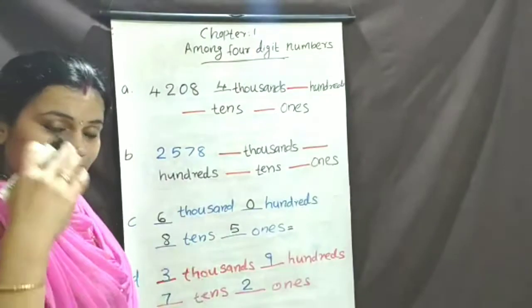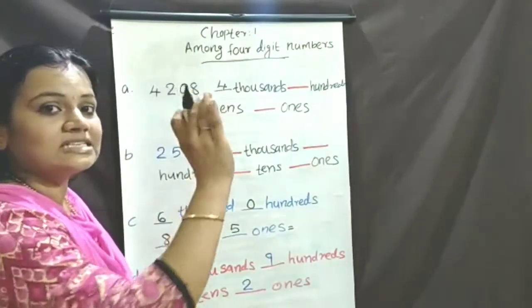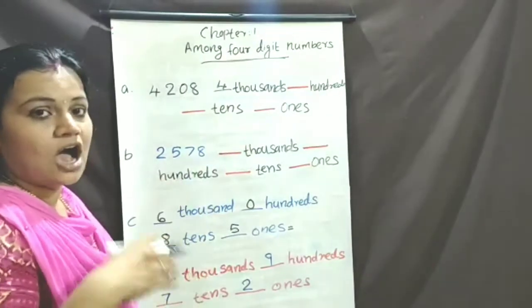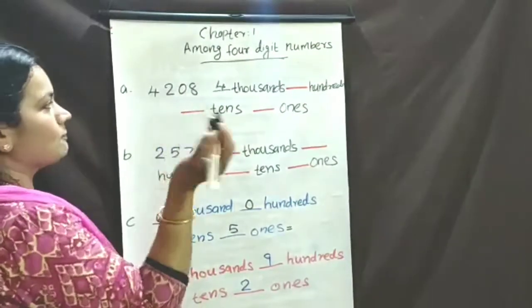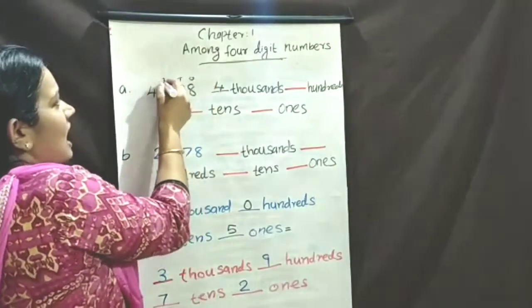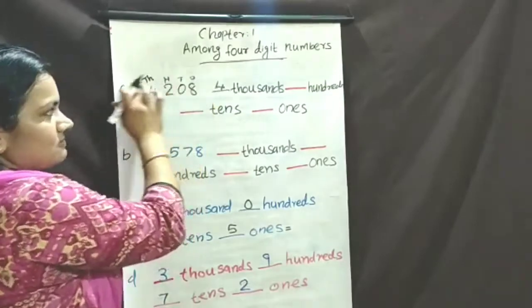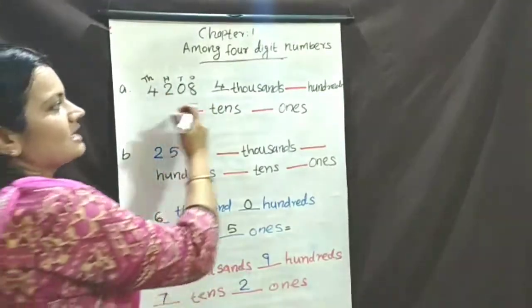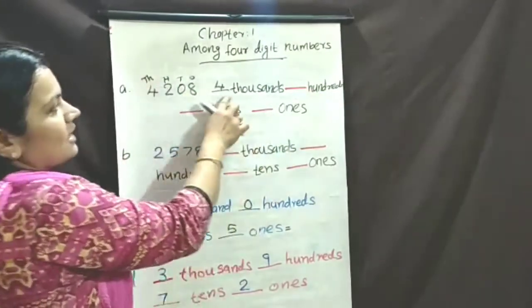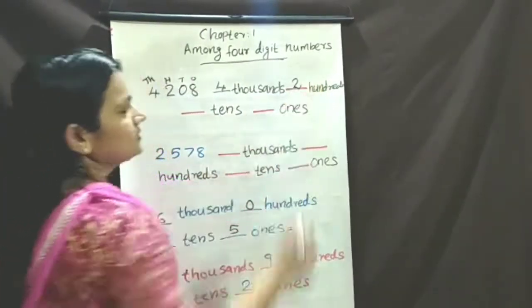Open your notebook and write some numbers. First write the places of the given numbers. How to write? Simply take your pencil and write ones, tens, hundreds, thousands. First note these places, then we can write easily. 4000, write 4 here. 200, write 2 here.